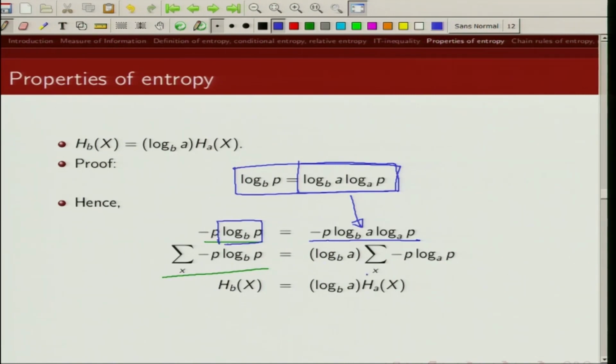Now we are summing over the support set of x. Please note this quantity, log of A to the base B, does not depend on x, so I can take this out. What I get here is minus P log of P to the base A, which is the entropy computed to the base A, and this is the entropy of x computed to the base B. So this is a relation governing entropy computed to base B and A.